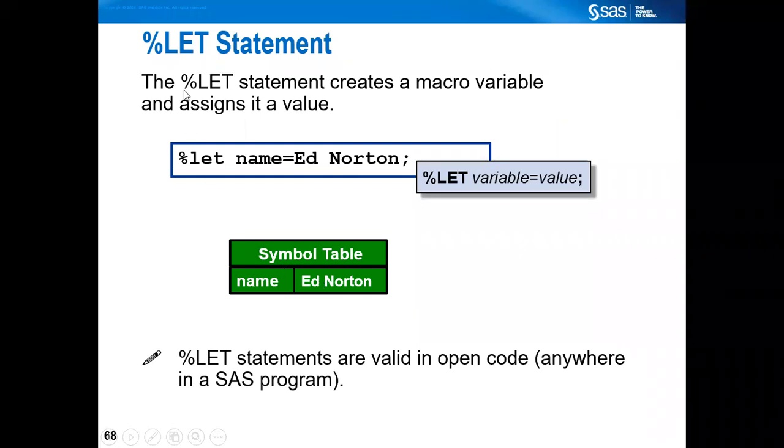All right. So the %let statement is an open code statement. That means it's not a part of any step, either a data step or a proc. You can write it independently anywhere in your program. And the syntax is %let, variable name equal to its value.